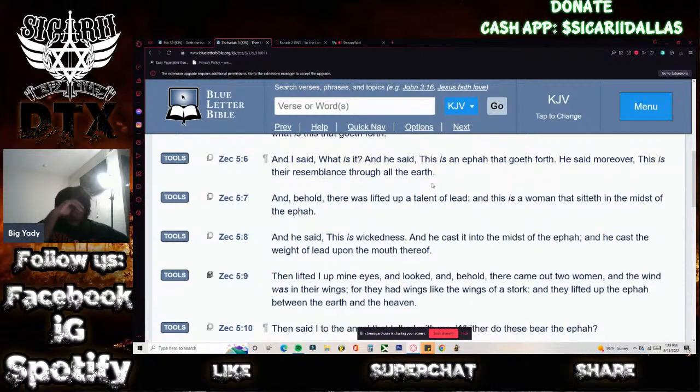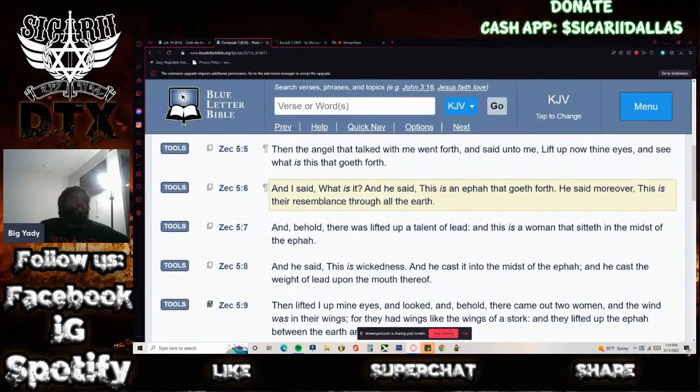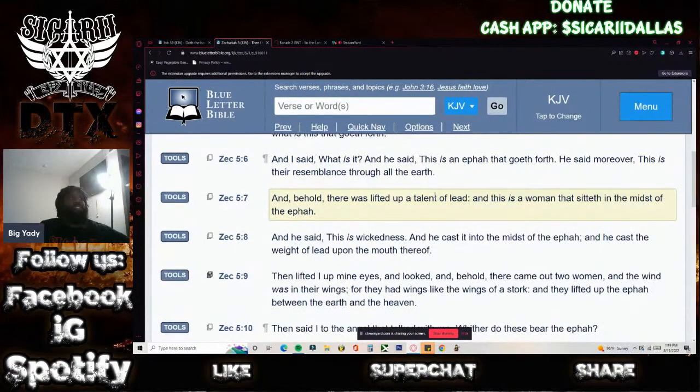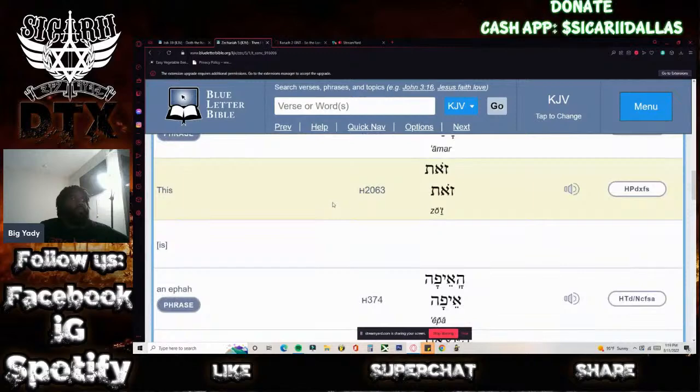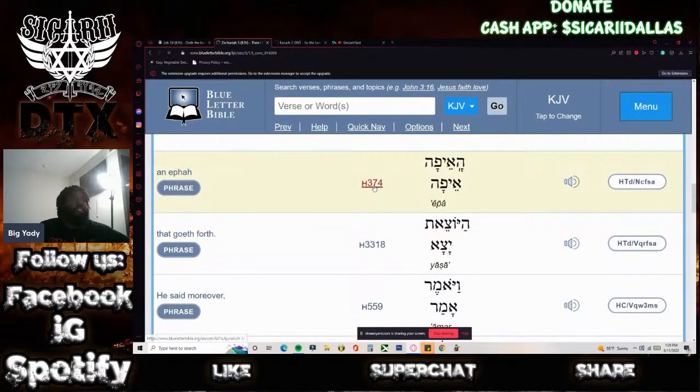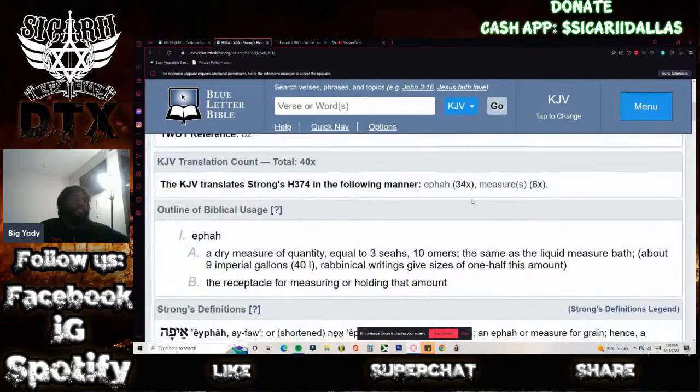So what we see right here is the Lord showing, through his angels, Zechariah this ephah. This ephah is a measuring receptacle that we used to use in the ancient days. So let's look at that real quick to prove what I'm talking about. It says a receptacle for measuring and holding an amount.